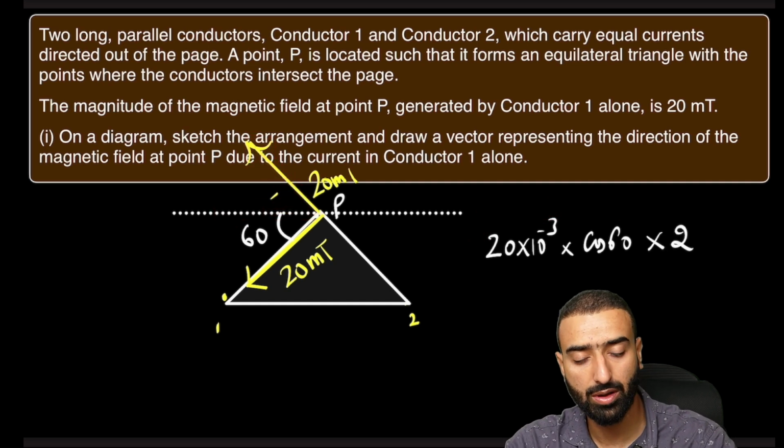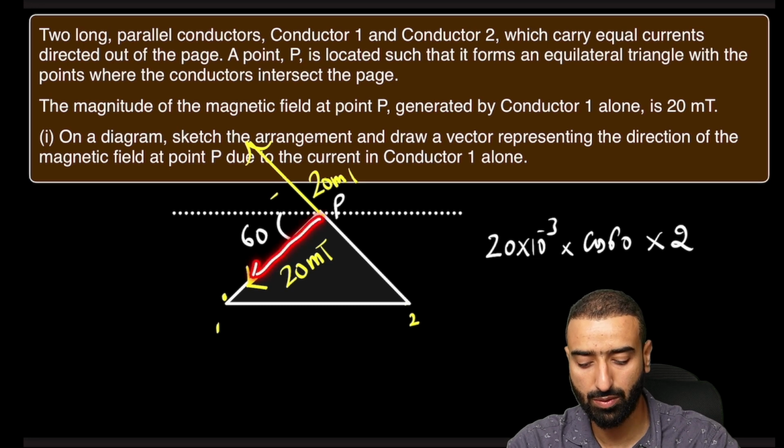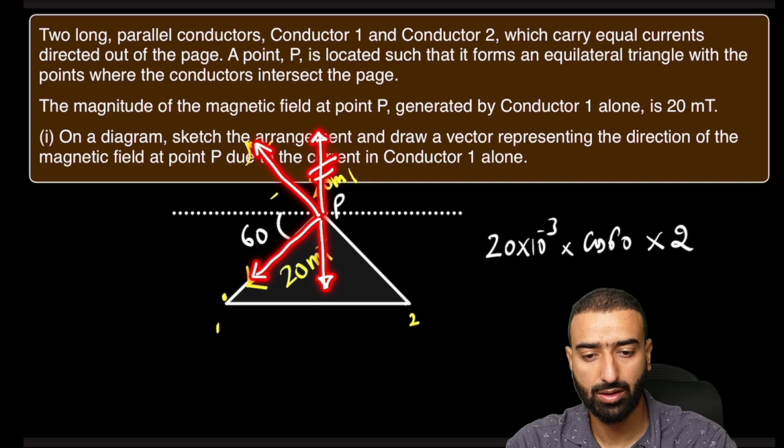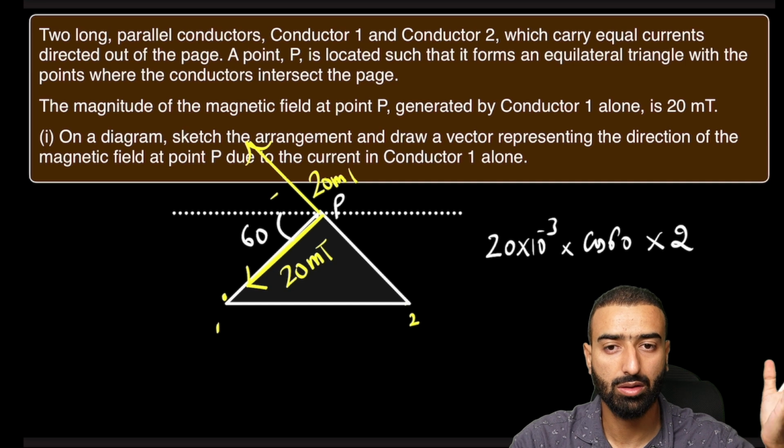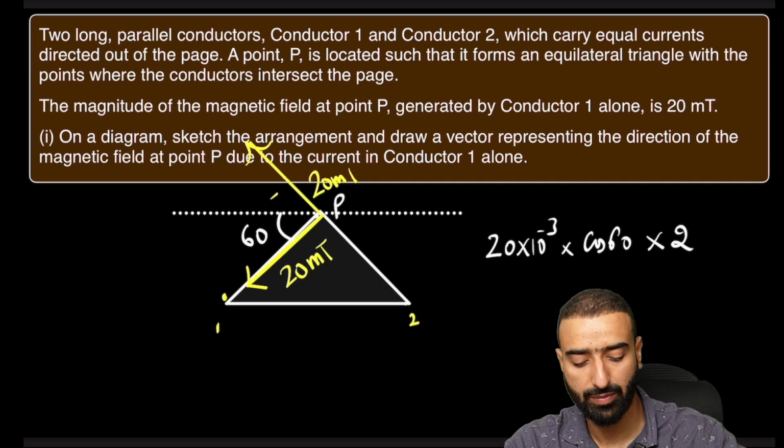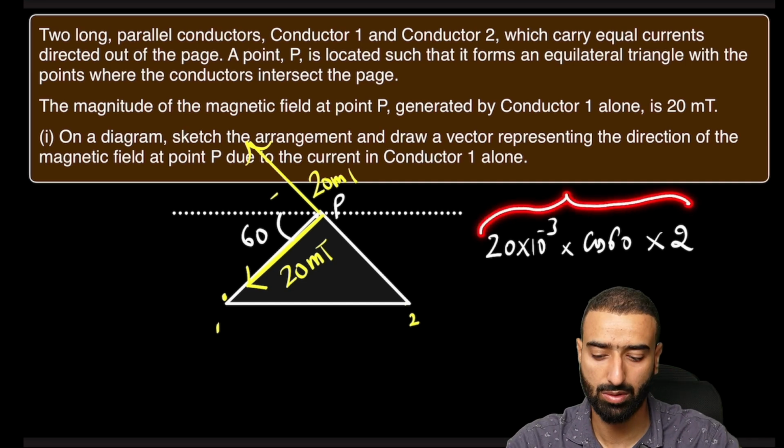But what about the vertical components? Well, if you take the vertical component of this and the vertical component of this, these two vectors cancel one another. So the vertical components cancel, the horizontals add up, and the total sum is equal to this.